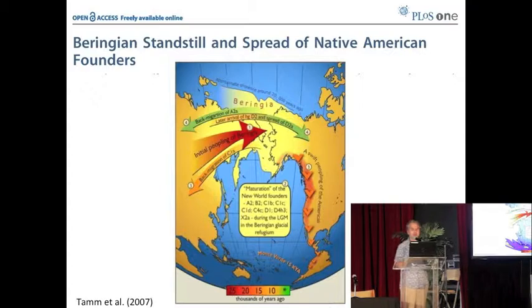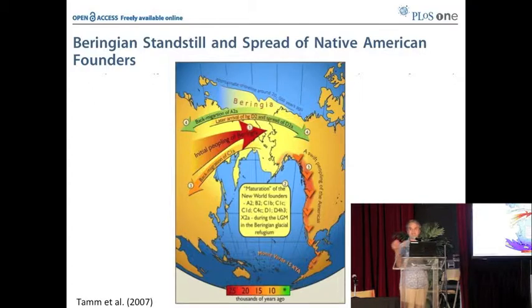And so this is a model, a hypothesis, and there are other patterns here that we can see. When these mitochondrial genomes, let's focus on haplogroup C, or C1. So C1b, C, and D came into the Americas and spread throughout the Americas, and C1a may have expanded back into East Asia.